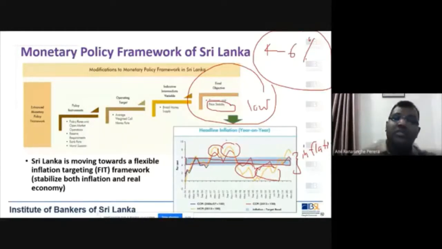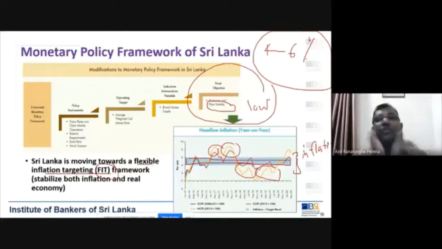This 4 to 6 band, we call the flexible inflation targeting framework, FIT. So if someone asks, what is your monetary policy framework? We can call it flexible inflation targeting. Why flexible inflation targeting?